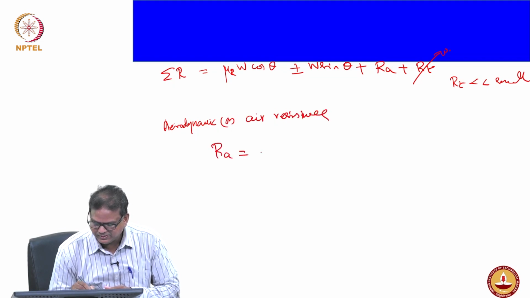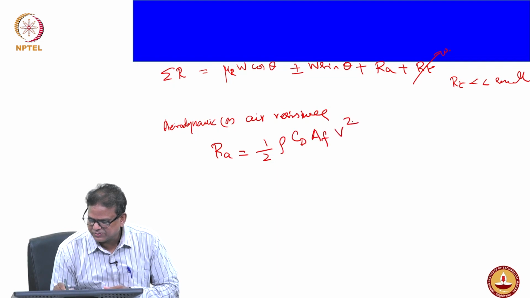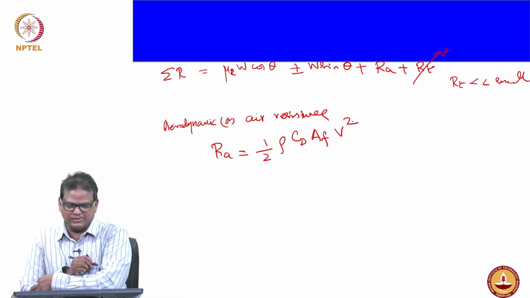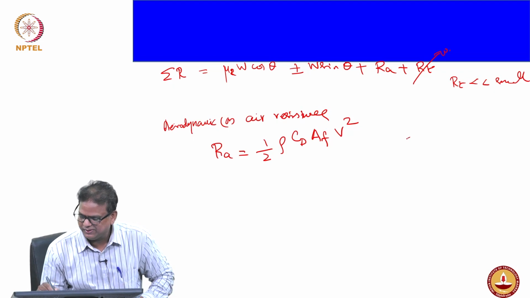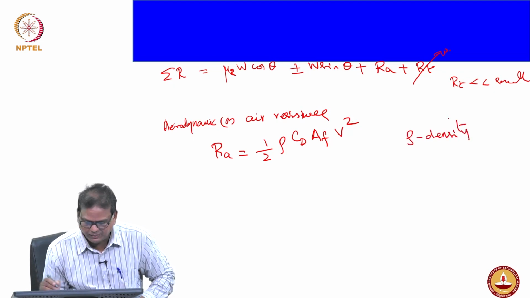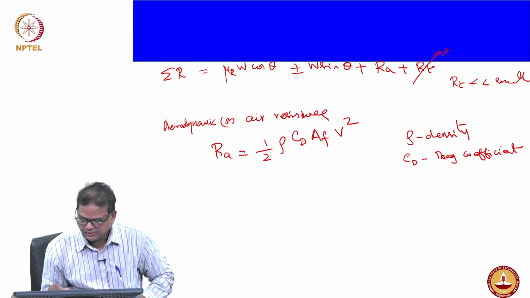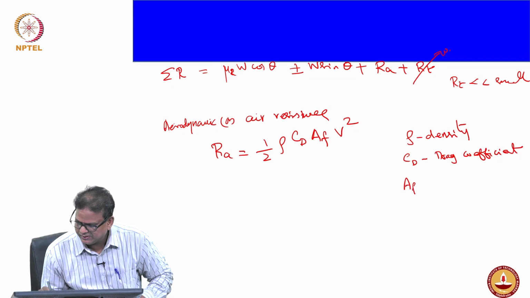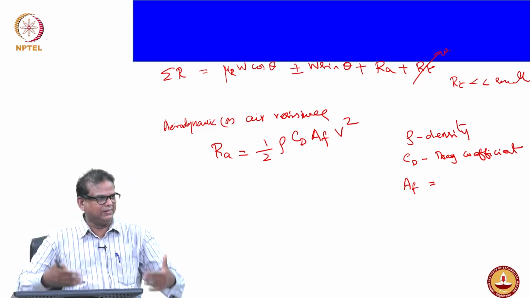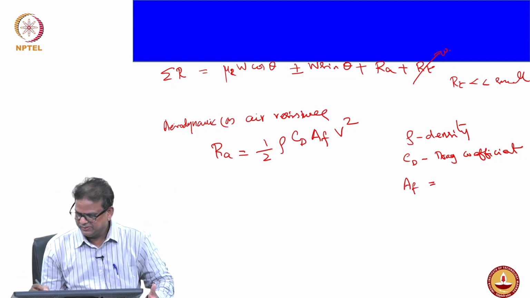RA equals half rho CD AF V square. This is the equation, I am sure you know that. Where rho is the density of air, and CD is the drag coefficient, and AF is the vehicle frontal area.